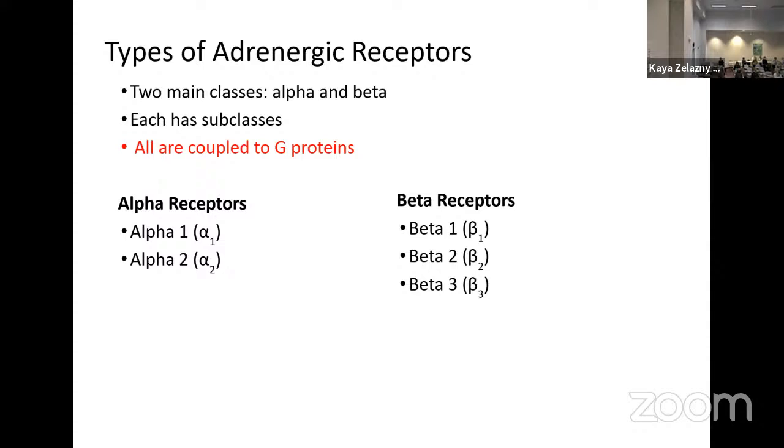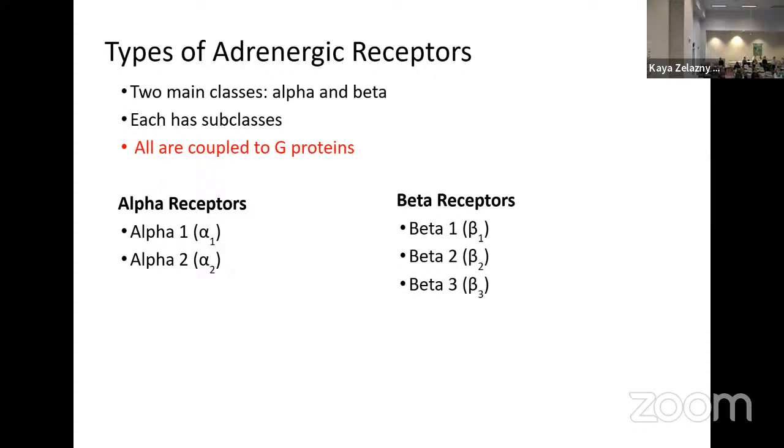So there are a lot more options for adrenergic receptors than there were for cholinergic. So cholinergic, we just had our fast-acting nicotinic cholinergic receptors that just basically let sodium ions in. I'll be a little hand wavy. Right, so those are like our ionotropic receptors were when we were talking about the synapse.